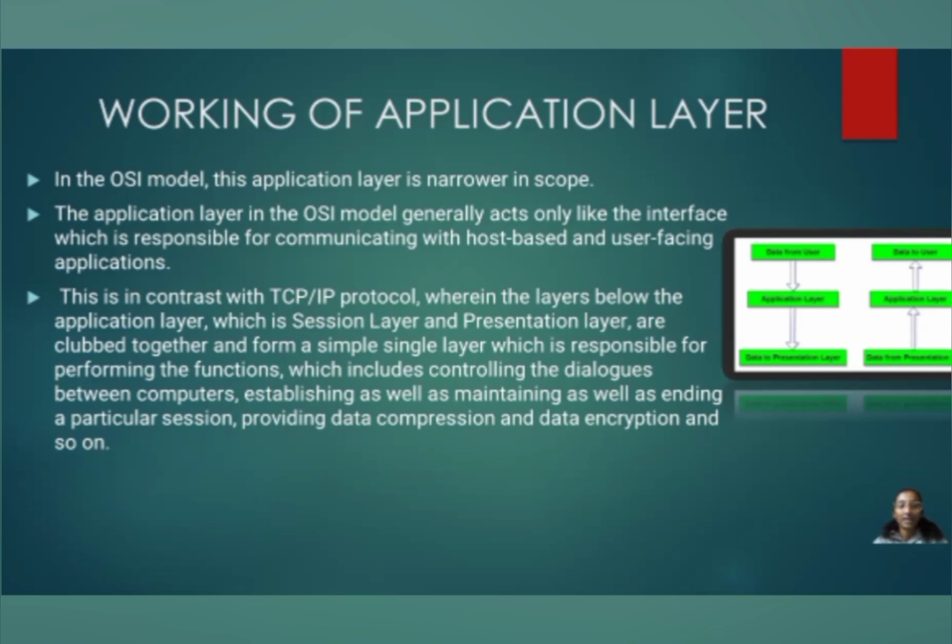This is in contrast with the TCP/IP protocol, wherein the layers below the application layer, which are the session layer and presentation layer, are clubbed together and form a single layer, which is responsible for performing functions which include controlling the dialogue between computers, establishing as well as maintaining as well as ending a particular session, providing data compression and data encryption, and so on.